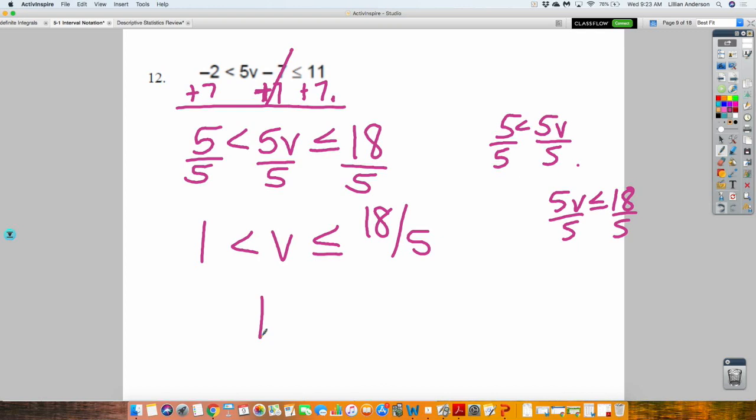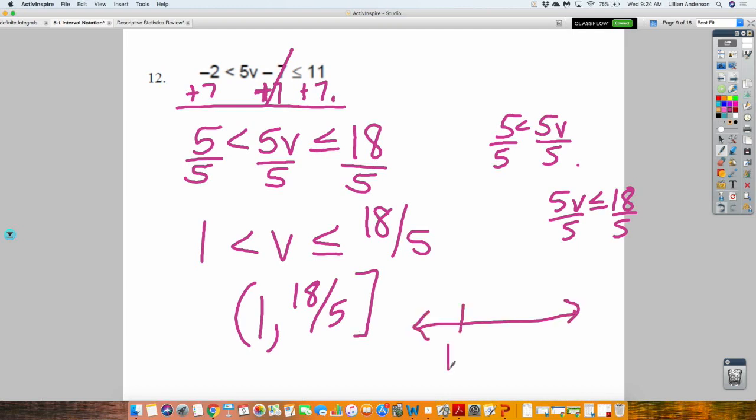A parenthesis, comma, 18 over 5 with a bracket. So it's in between 1 and 18 over 5. So that would look like this on the number line. 1, 18 over 5, open circle, closed circle, everything in between. That's what it would look like.